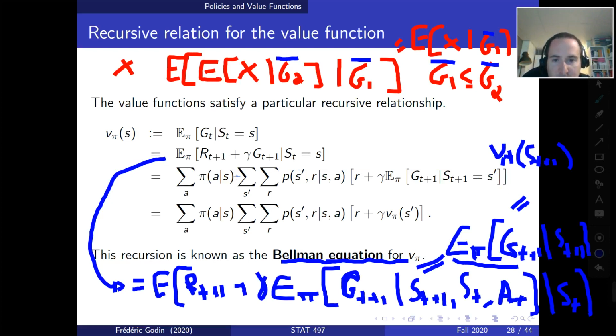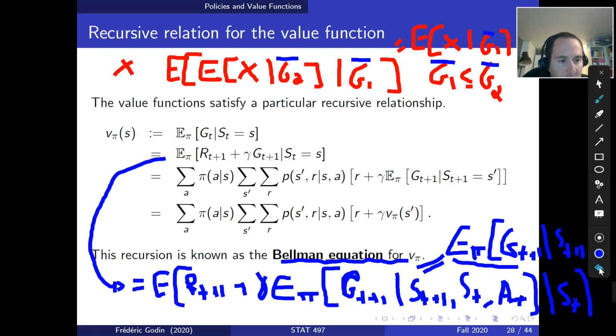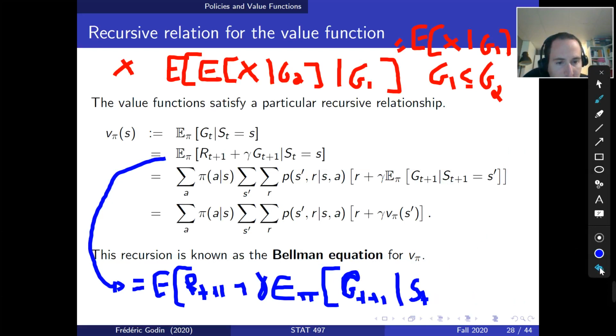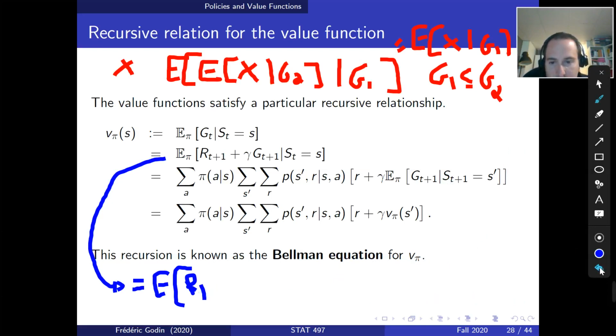So this expression looks very complicated, but it's simply... Sorry for that, it's a bit long.